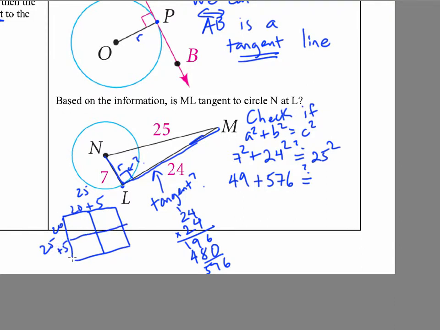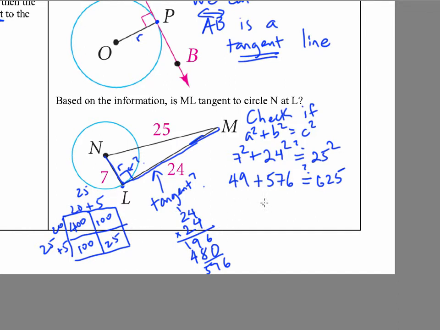So that would be 20 times 20, that's 400. 20 times 5 is 100. 20 times 5 is 100. And 5 times 5 is 25. So we decompose 25 times 25. We get 400, 500, 600, 25. And again, you don't have to do it this way. I just wanted to show you that.